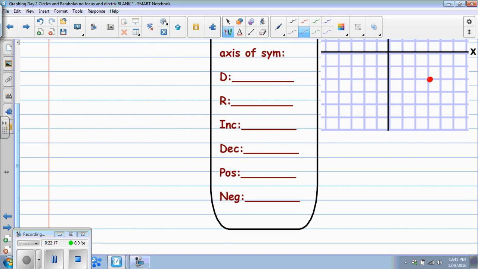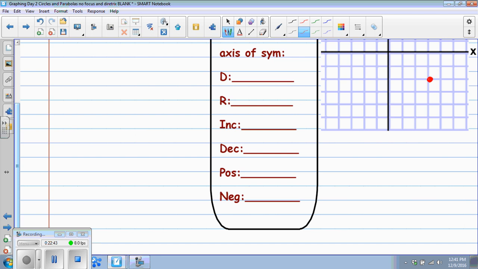Positive and negative. When you cross over the x-axis, it changes from positive to negative. Right? So, when you're above the x-axis, y is always positive. When you're below the x-axis, y is always negative. So, that point on the x-axis is where it transitions from positive to negative. So you need to know what that point is.